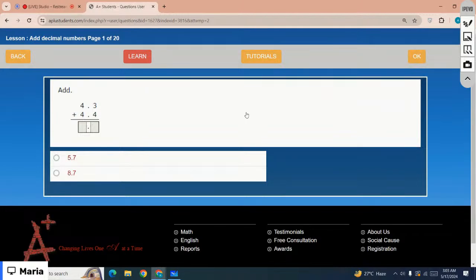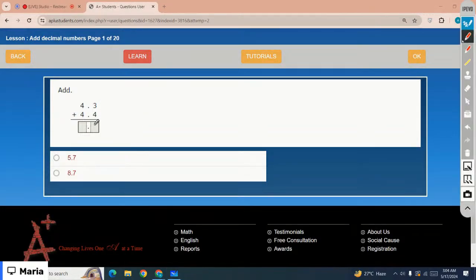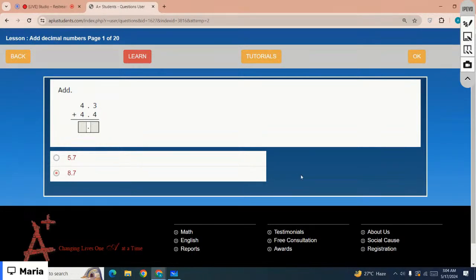Let's add: 4 plus 3 is 7 and 4 plus 4 is 8. That is 8.7. The correct option is 8.7.